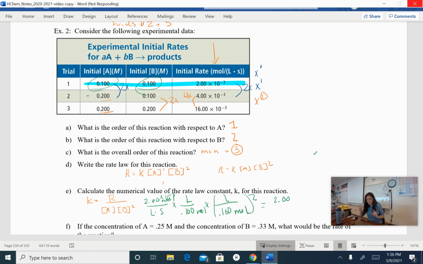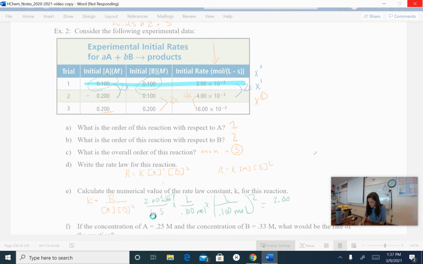Now let's figure out what's happening with our units. Okay, so we've got a whole bunch of moles, we've got a whole bunch of liters, and we've even got seconds in here. So let's figure this out. Okay, so my liters here will cancel, and my moles here will cancel.